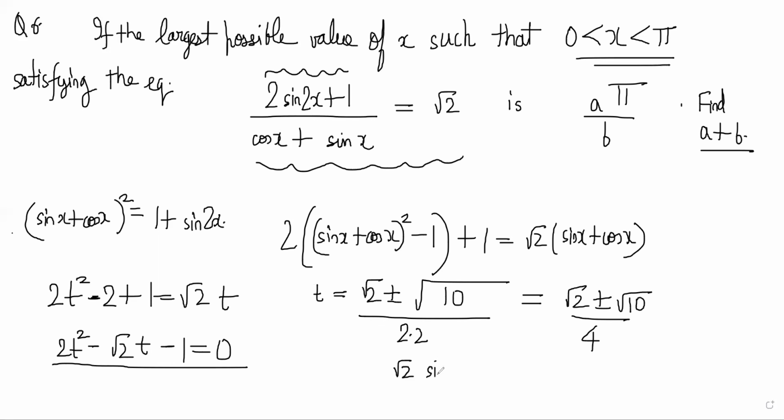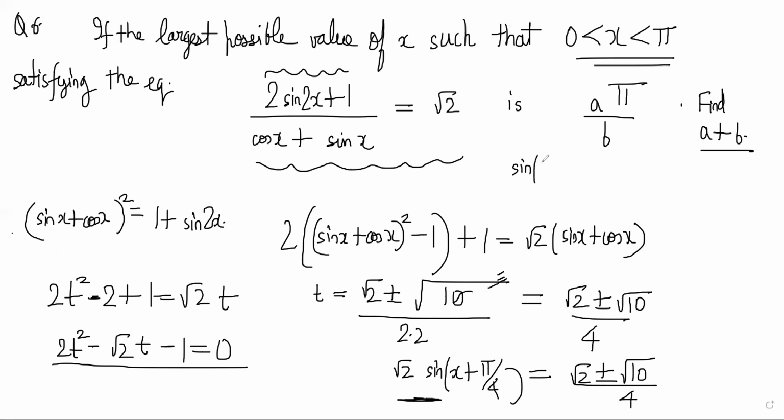So divide by root 2 on both sides. You will get sine x plus pi by 4 is equal to root 5 plus minus 1 by 4, right?